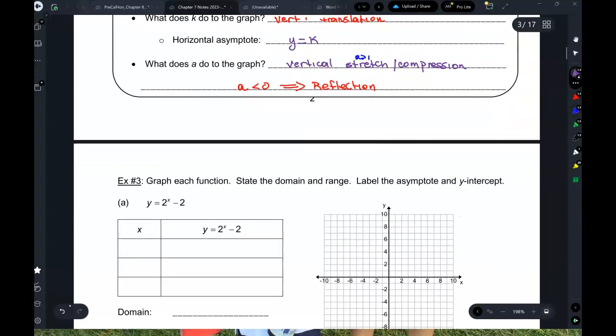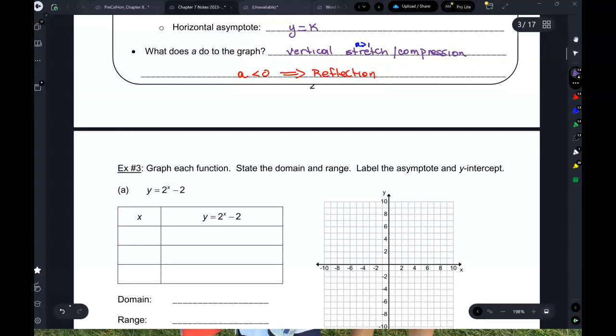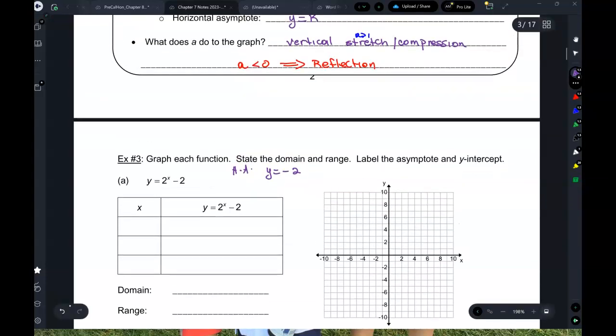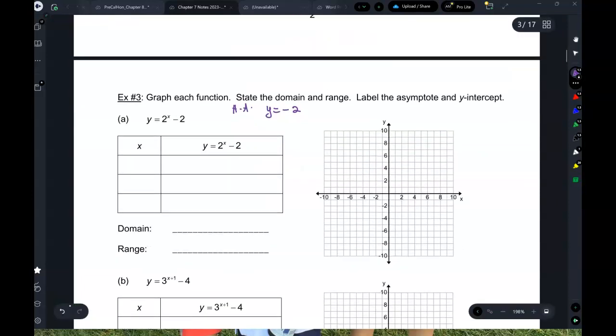Right. So here, what is the asymptote here? The horizontal asymptote. Okay, but we have to say y equals negative 2. It's this number. It's the horizontal asymptote.